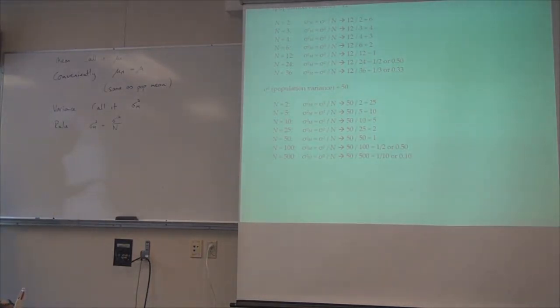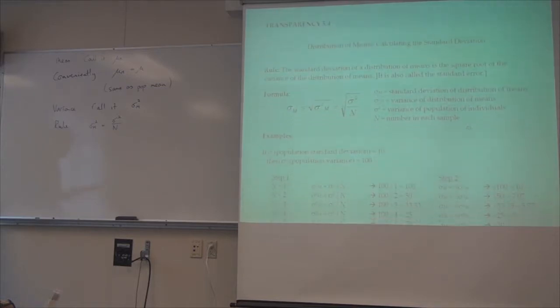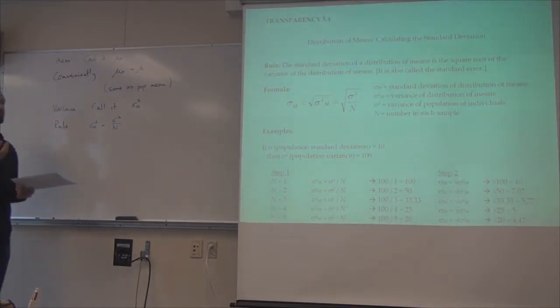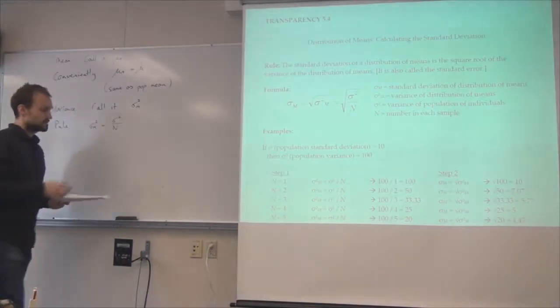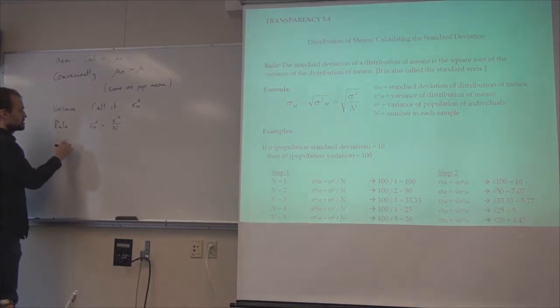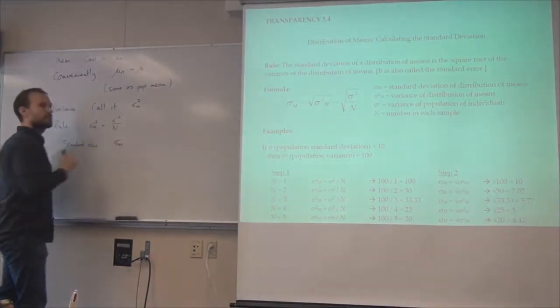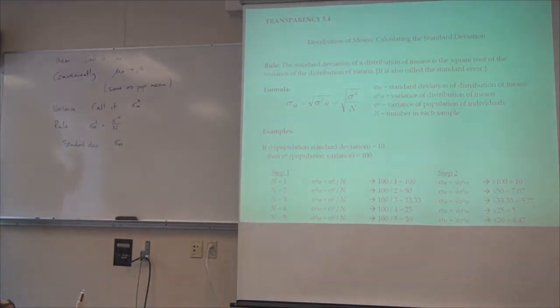So what slide is this? So if I then, of course, want the standard deviation instead, I'll name that appropriately, just a sigma m. M indicates the sample, the distribution of means.